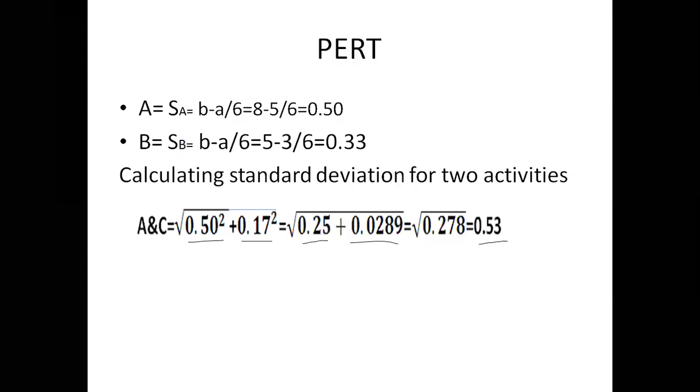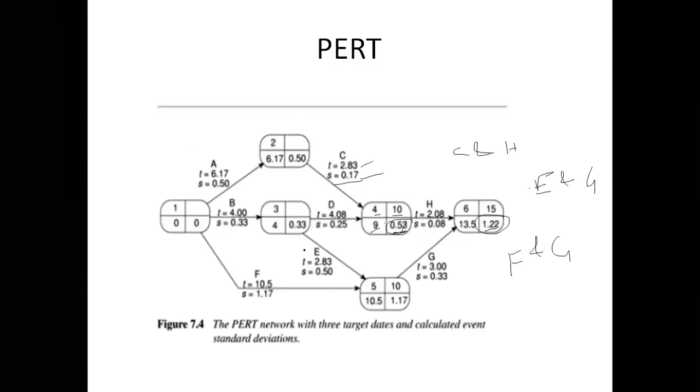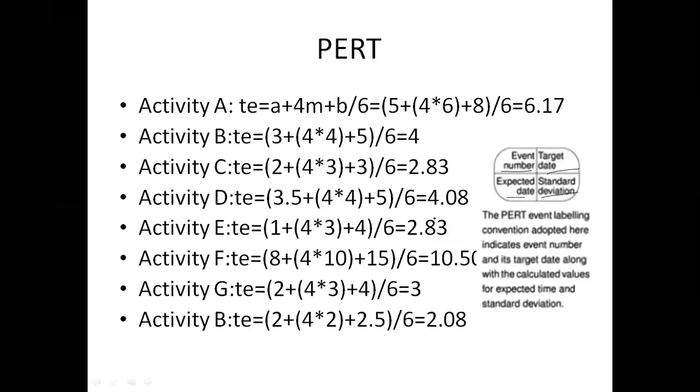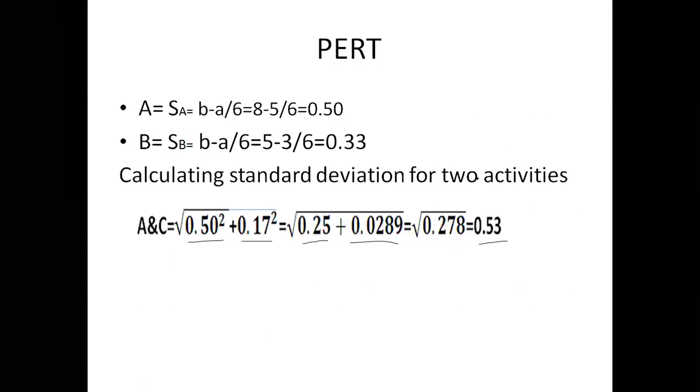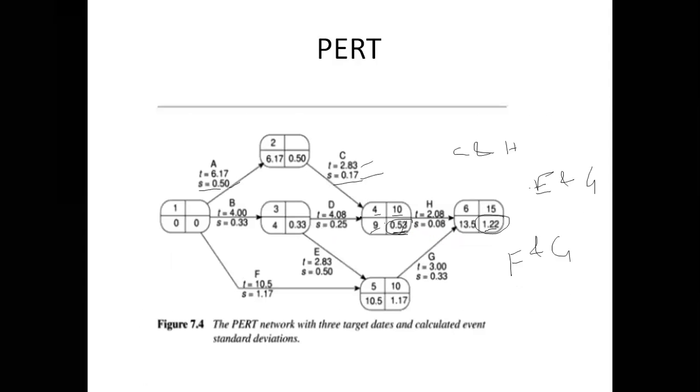Next, after this, this is the value of the standard deviation, which we write here. This is the target date. So how do we calculate the target date? The event number is nothing but the serial number: 1, 2, 3, 4.